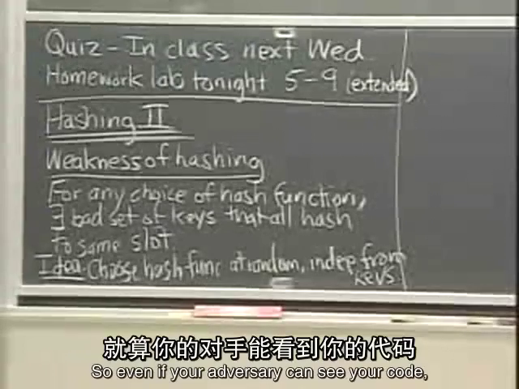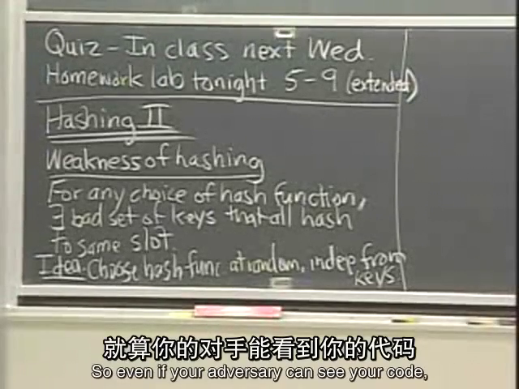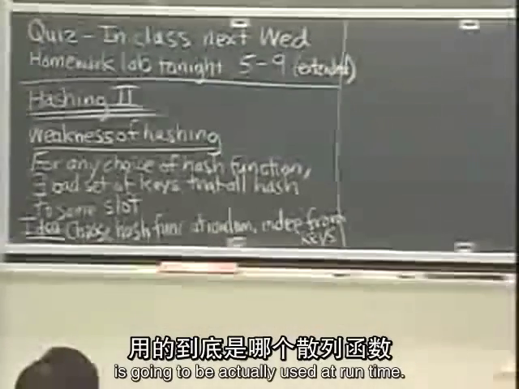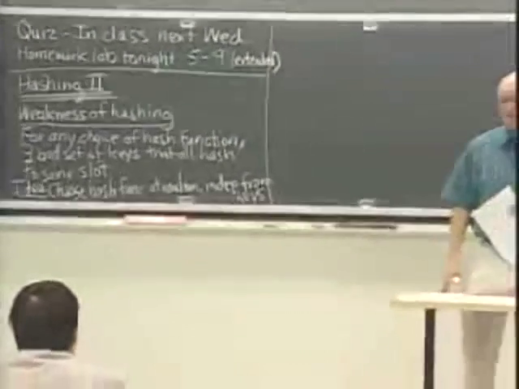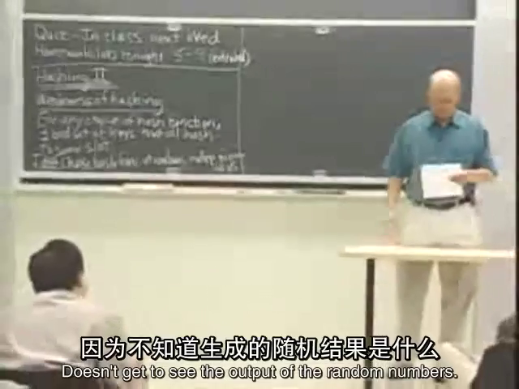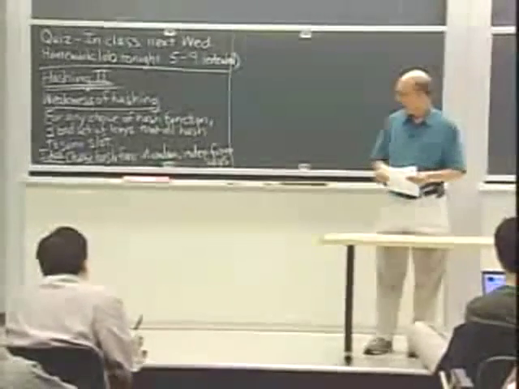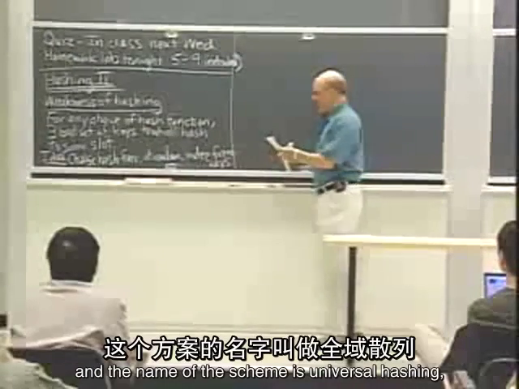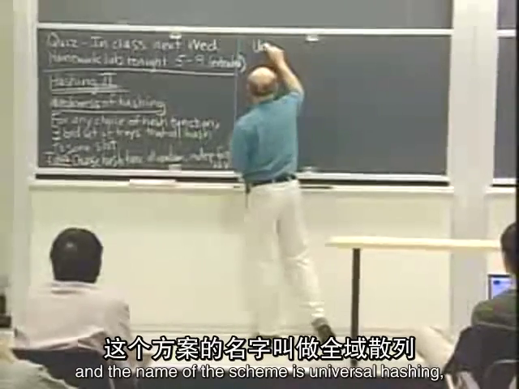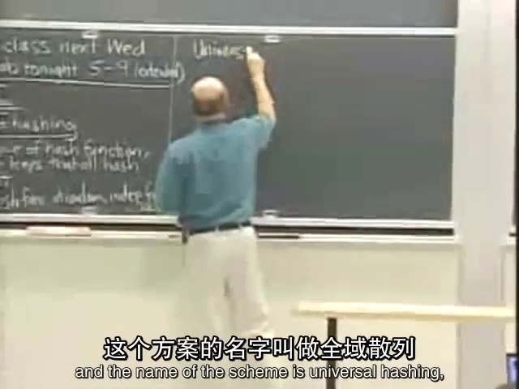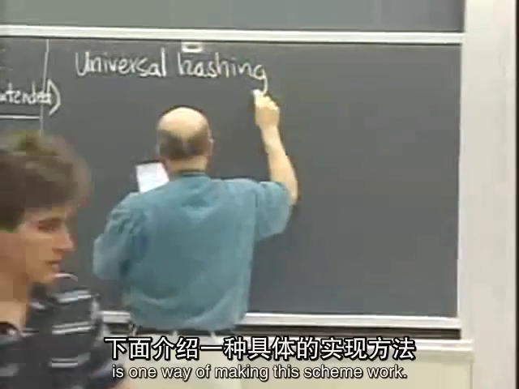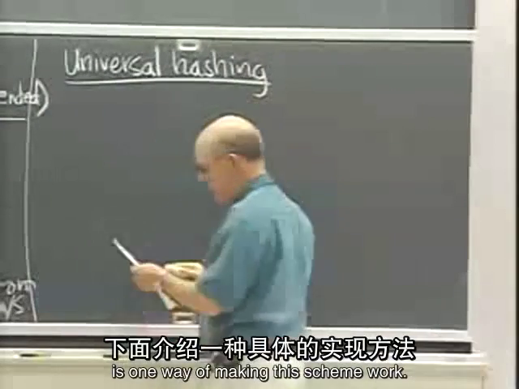Even if your adversary can see your code, he can't tell which hash function is going to be actually used at runtime. He doesn't get to see the output of the random numbers. And it turns out you can make this scheme work. The name of the scheme is universal hashing, which is one way of making this scheme work.